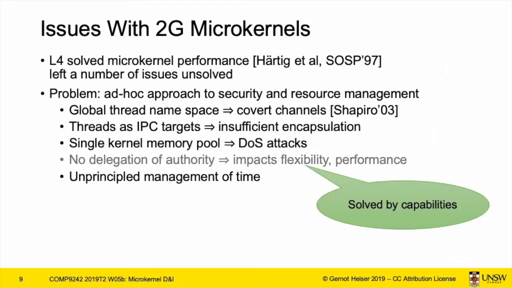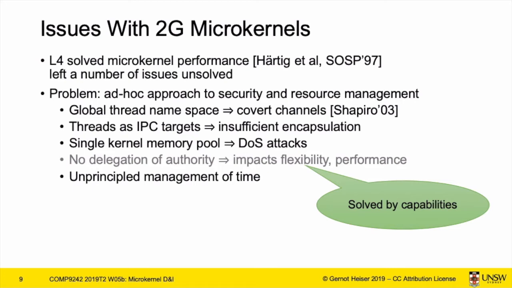The first one is no delegation of authority, which really made it difficult to build general security policies in those systems without massively losing performance. This is obviously solved by capabilities, right? With capabilities, we have a well-defined authority delegation model. If you have a capability with a grant right on an endpoint, then you can transfer a copy of the capability to someone else, and that's an authority delegation.